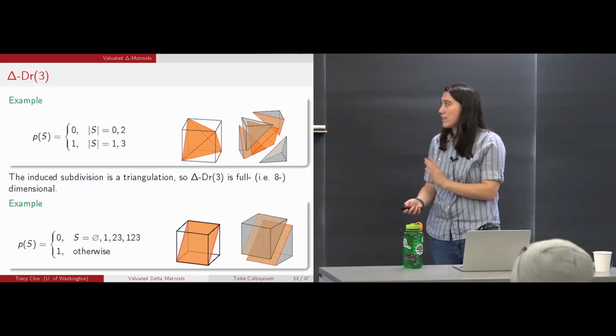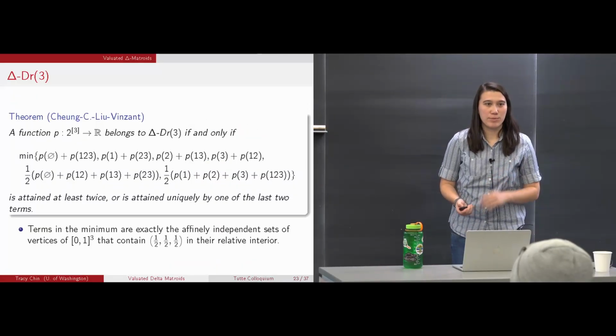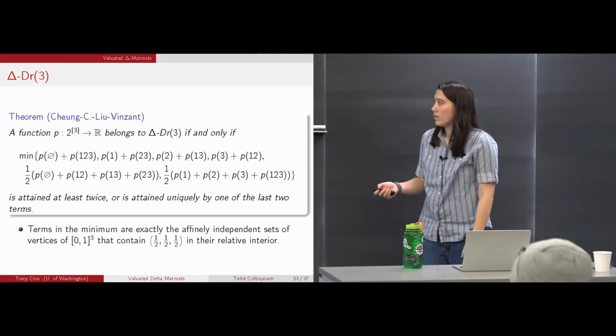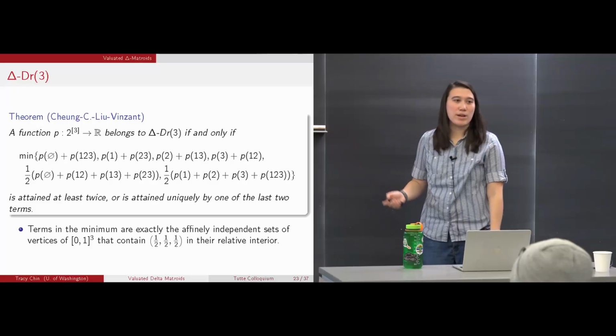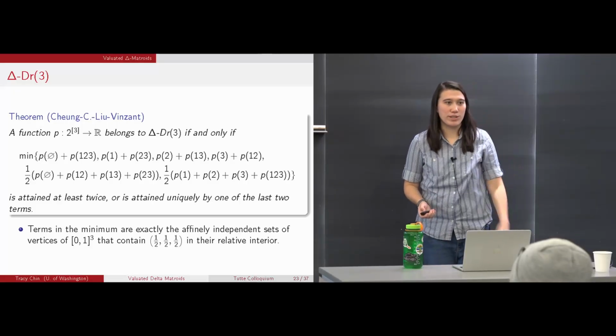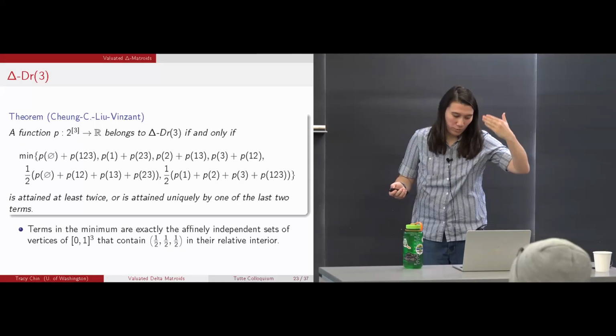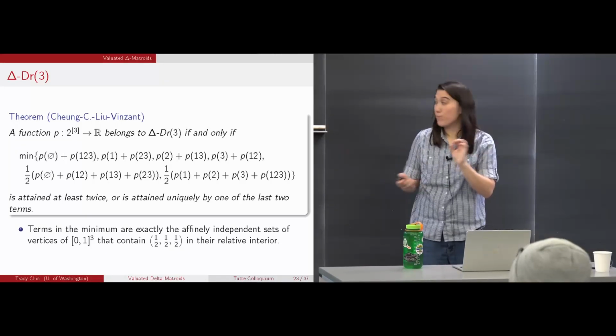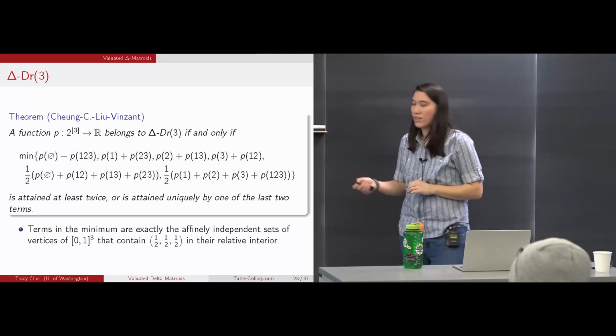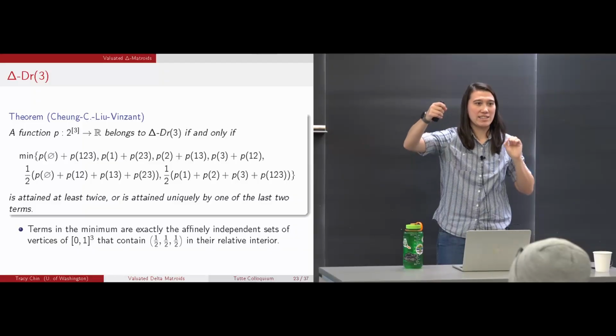And so it turns out that these are the only 2 things that can happen. So I'm going to write down all of the things that might possibly contain this midpoint of the cube. And I'm going to basically say that we can't have the minimum among these heights attained uniquely by one of S, S complement.